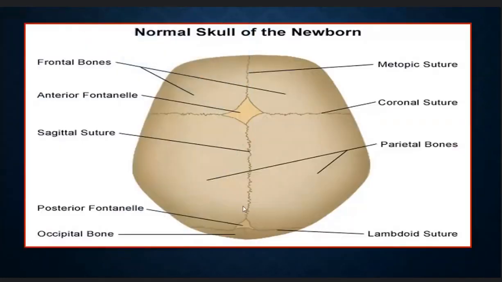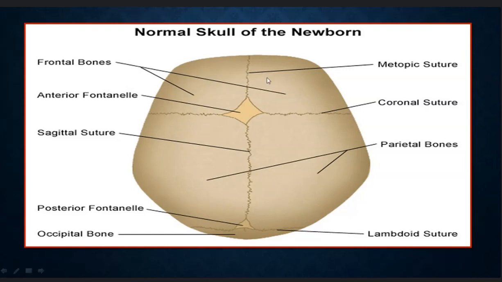Now, abnormalities of the skull. Normally the newborn is born with how many sutures? They have four sutures like this, and there is a suture between the temporal and parietal bone also. So the metopic suture is between the two frontal bones.